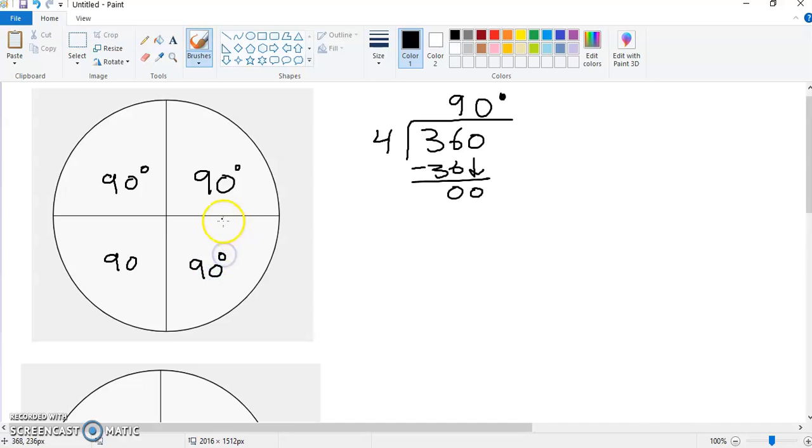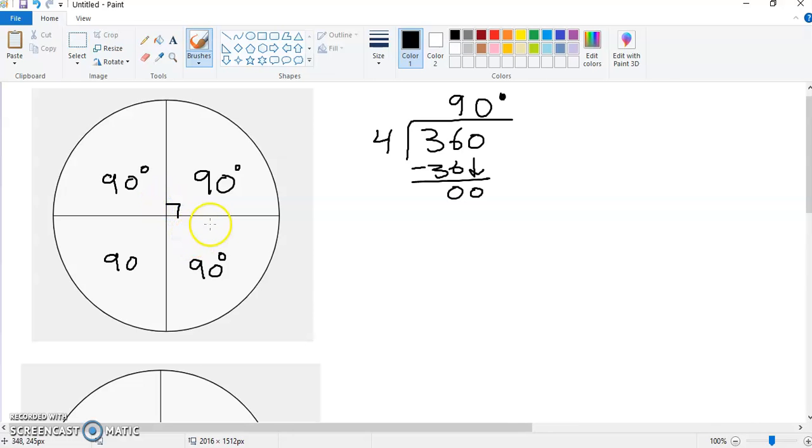Hopefully you saw that to begin with, because if you notice, the lines dividing this circle are perpendicular right here. These lines intersect with each other at a special angle that we call perpendicular.